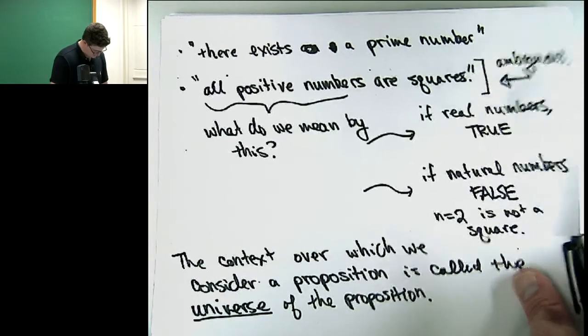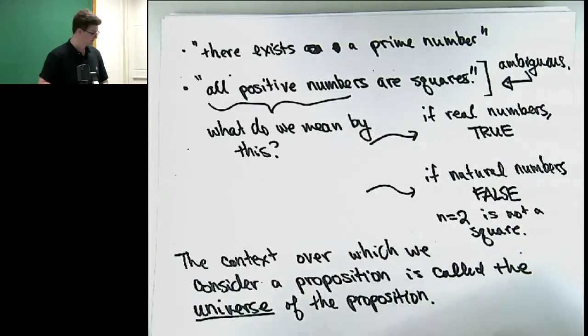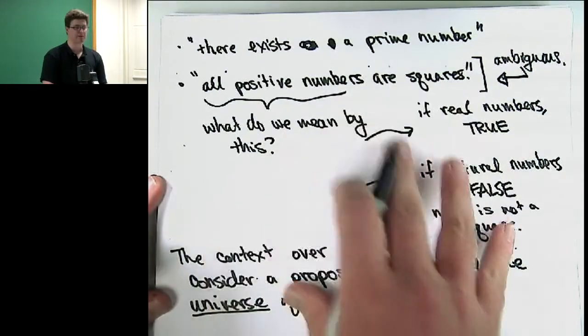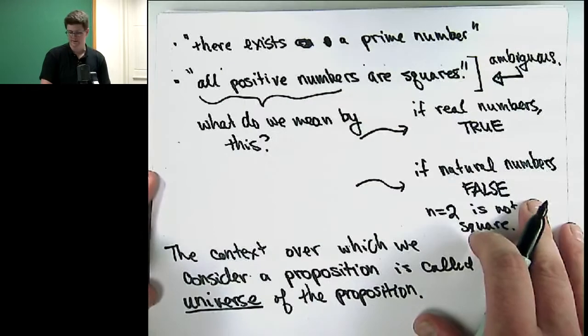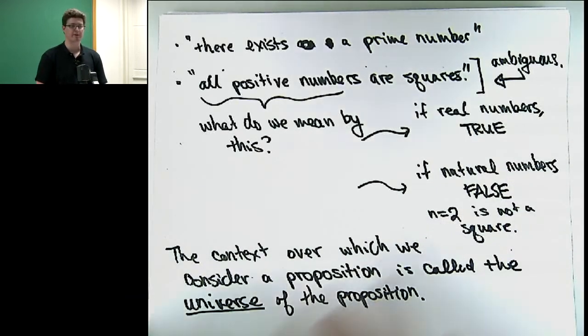So let me take a little interlude here to introduce some notation. Since we've talked about universes a little, I want to pause for a second and talk about number systems that we're going to commonly use in some common universes.